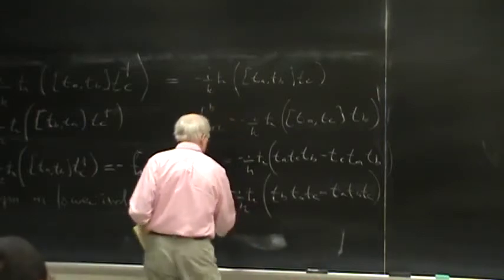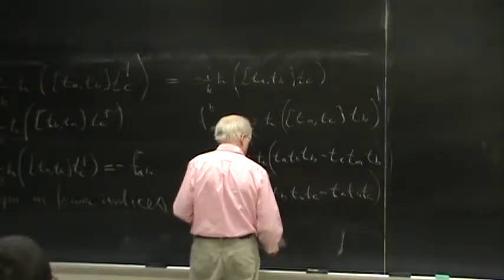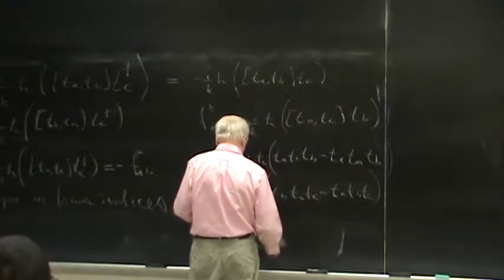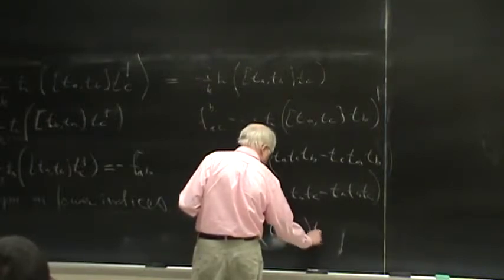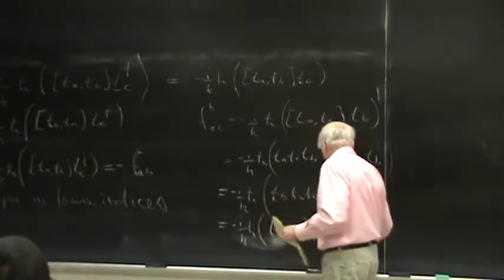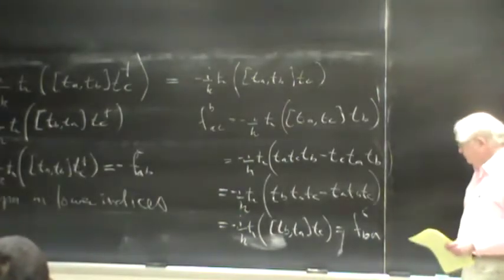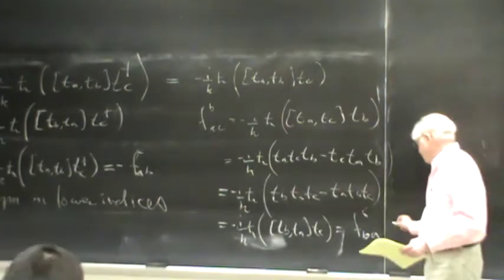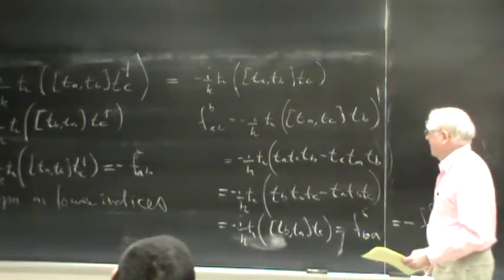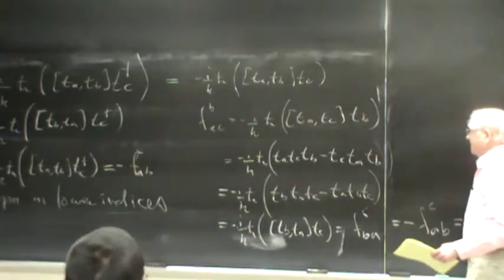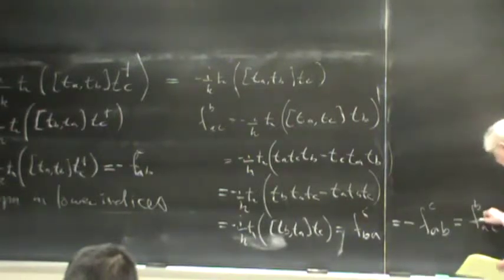Well, now we see that this is minus i over K trace of TB TA with TC, which is just f_CBA. But f_CBA we know is minus f_CAB. And what we started out with was f_BAC.